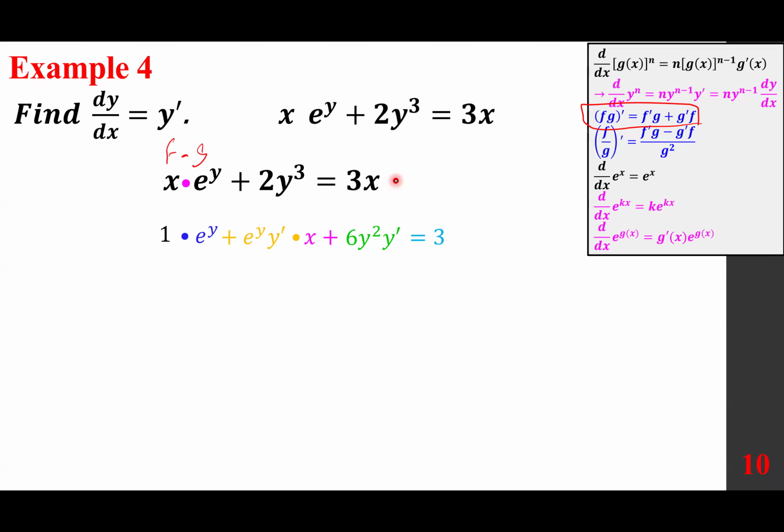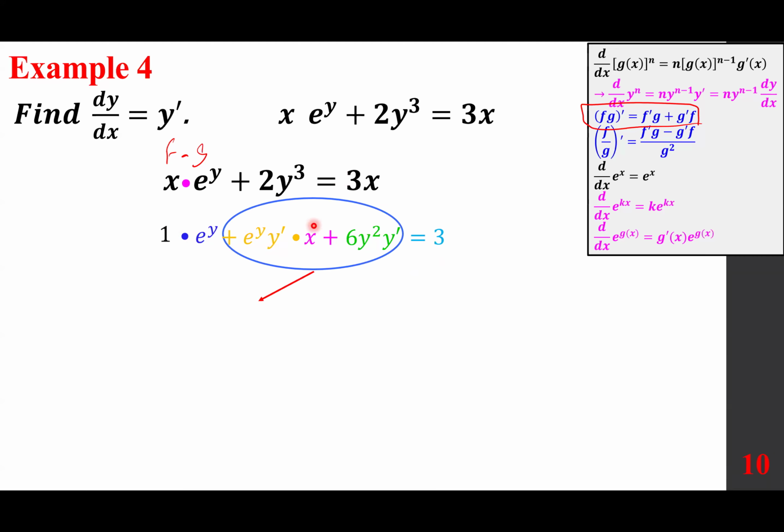We're done with calculus. We are going to solve for y prime, which means we're going to keep these two. We're going to move this one, make it negative. In other words, 3 minus e to the power of y on the right. And this one, we're going to take out the y prime as a common factor.